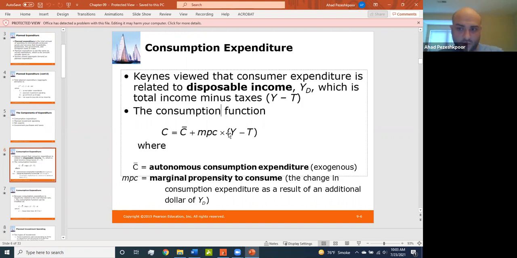So when I'm saying your income, your output, I mean the output of the entire country put together, minus net taxes. This marginal propensity to consume shows how responsive you are to changes in your disposable income. It is the change in consumption expenditure as a result of one additional dollar of Y, or disposable income.